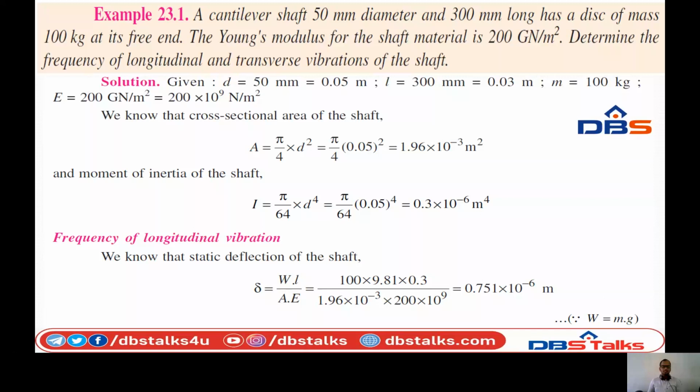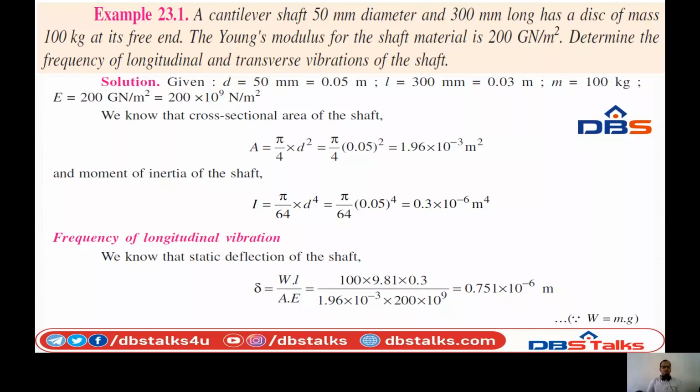So let us consider a problem on this. A cantilever beam which is 50 mm dia and 300 mm long has a disk of mass 100 kg at its free end. So here we are considering a cantilever shaft of 50 mm dia and 300 mm length.